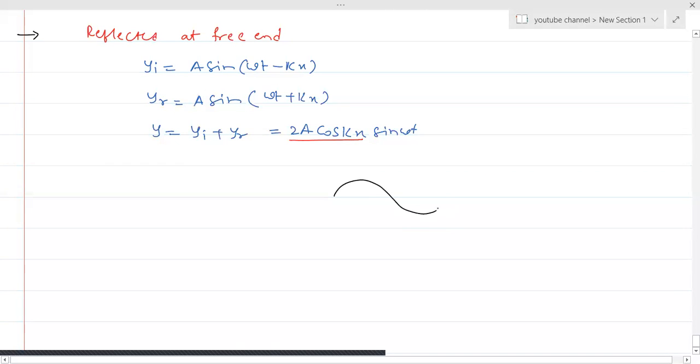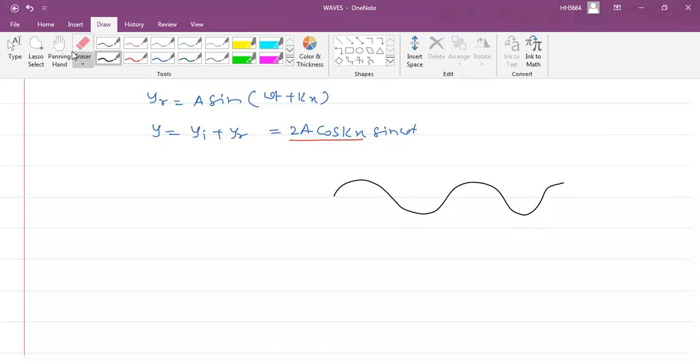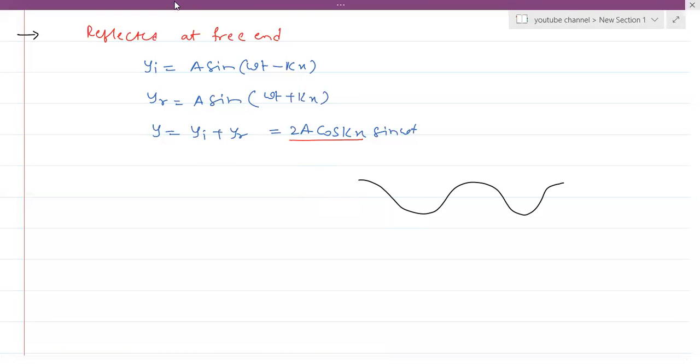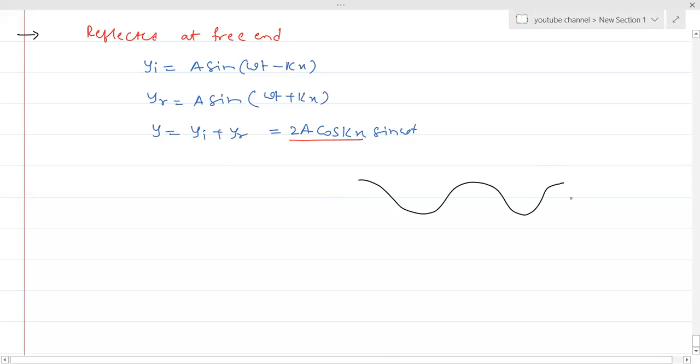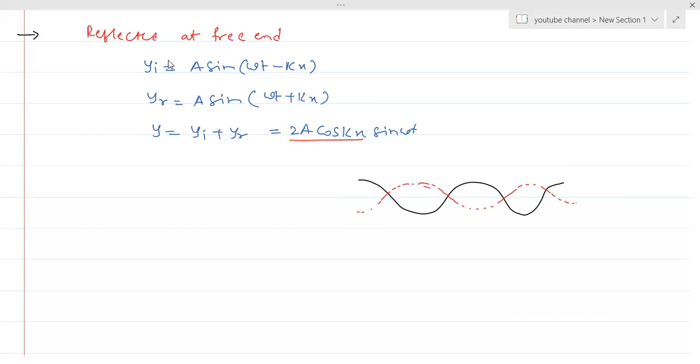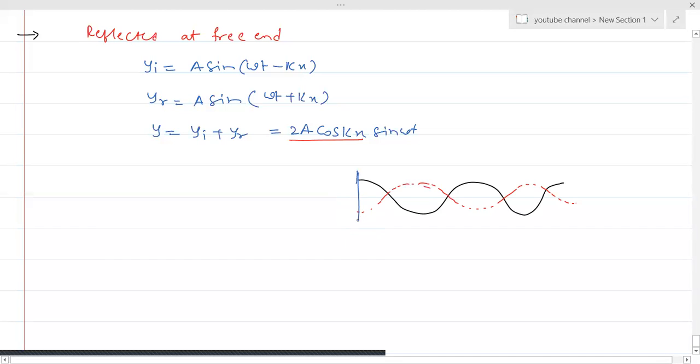If this is the incident wave, the incident wave should be cos. So automatically after reflection, the wave will be like this. So this will be the situation.